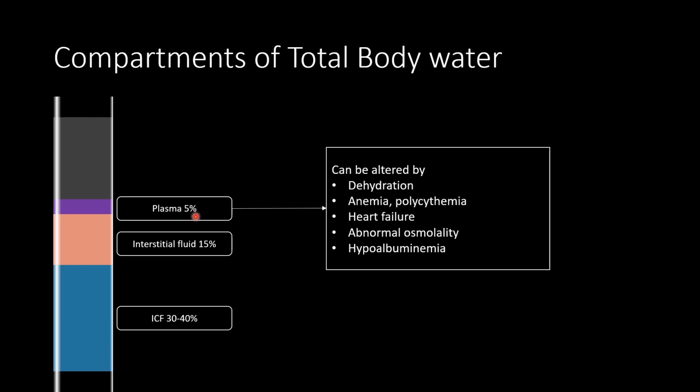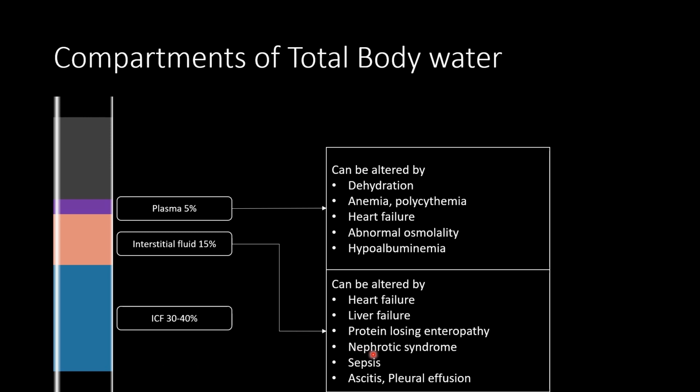If certain conditions lead to the loss of the plasma component of the body, what are those conditions? The plasma component can be altered by dehydration, anemia, polycythemia, heart failure, abnormal osmolality, and hypoalbuminemia. Similarly, the interstitial fluid compartment can also be affected by heart failure, liver failure, protein losing enteropathy, nephrotic syndrome, sepsis, ascites, pleural effusion.